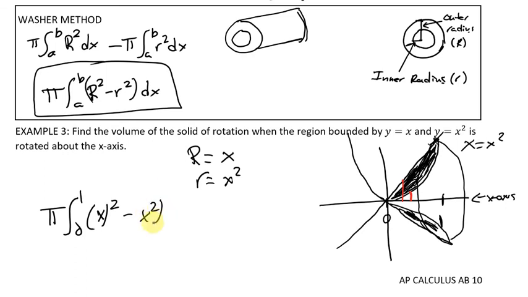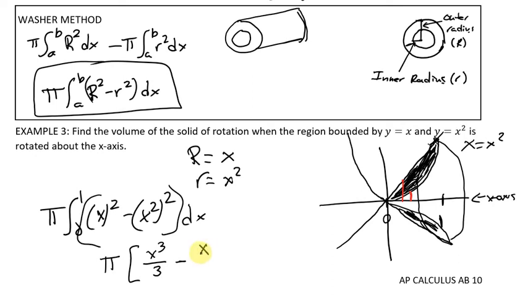And again, we can do that one by hand, taking the antiderivative of x squared, which is x cubed divided by 3, minus the antiderivative of x to the fourth, which is x to the fifth divided by 5, evaluated from 0 to 1.